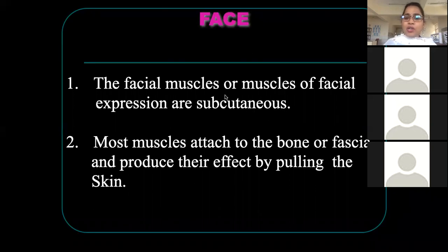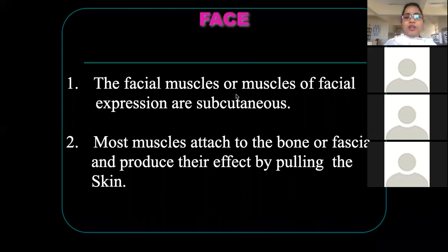What is the most important function of these muscles when they contract? The most important function is opening and closing of the orifices of the face. What is the byproduct of this muscle contraction? Opening and closure of the mouth, the byproduct is expression.